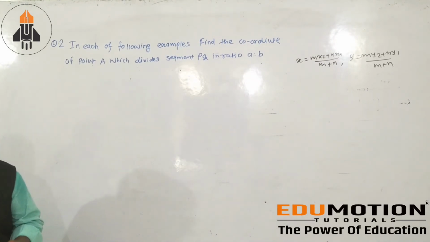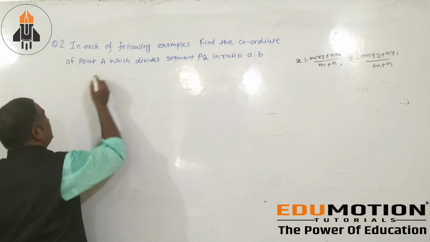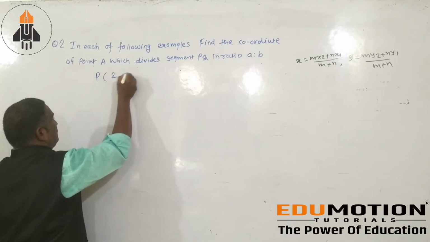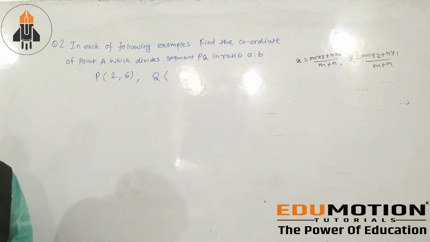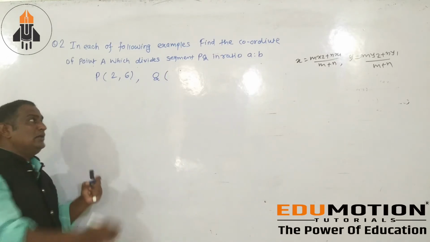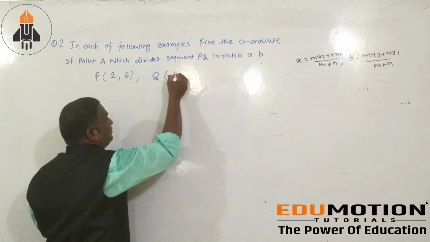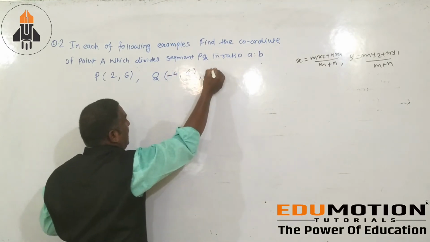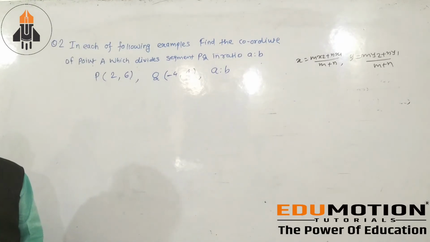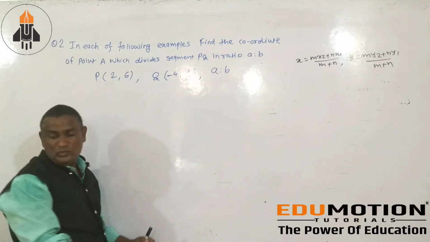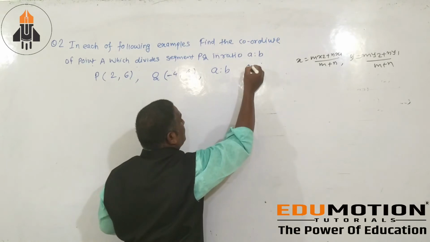P has coordinate 2 comma 6 and Q has coordinate minus 4 comma 1, and A is to B is 1 is to 2.